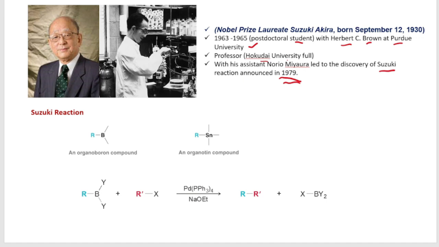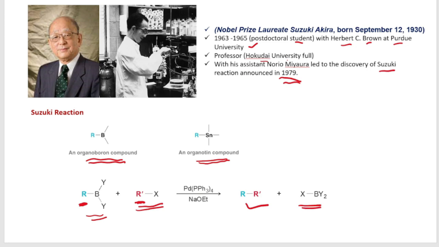There are two differences between the Stille reaction and the Suzuki reaction. In the Suzuki reaction, you use organoborane compounds, while in the Stille reaction, you use organotin compounds. You can see the organoborane or organoboron compound reacting with an organic halide, and now this R will bind with this R prime and it will give you the final product.